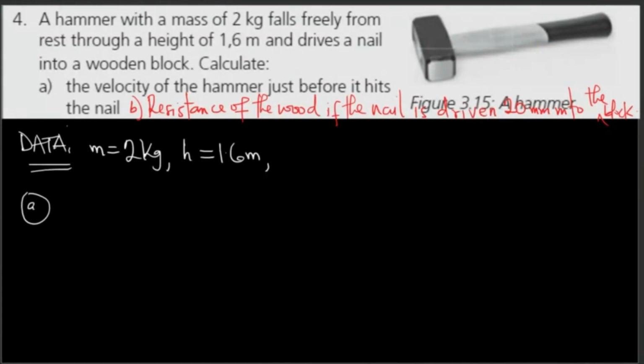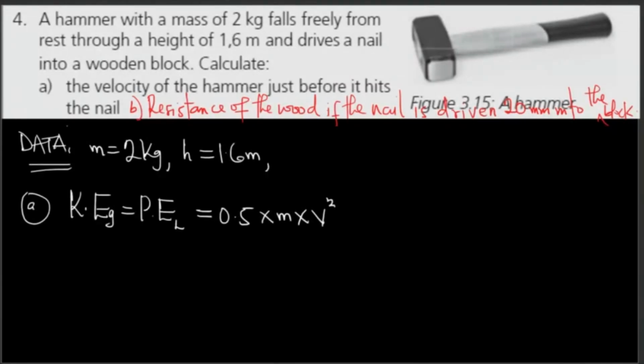So here there is going to be a gain in kinetic energy because we need velocity. Gain in kinetic energy is going to be equal to loss in potential energy. Half mv squared, or you can write 0.5 times m times v squared.